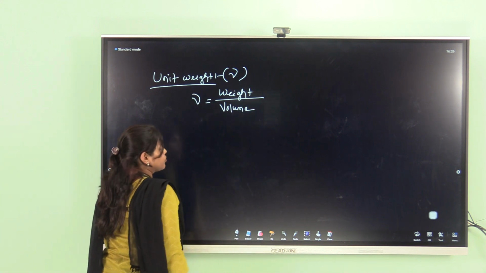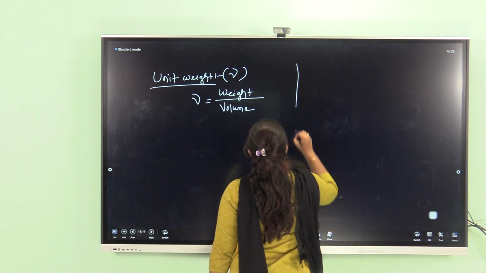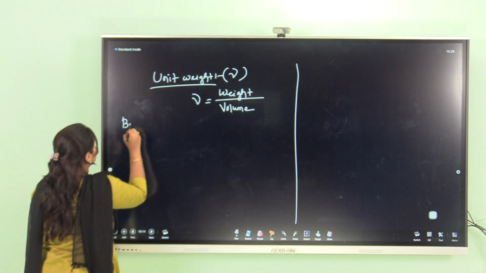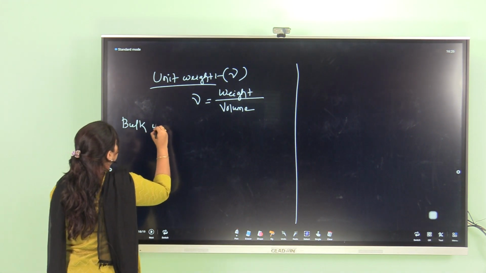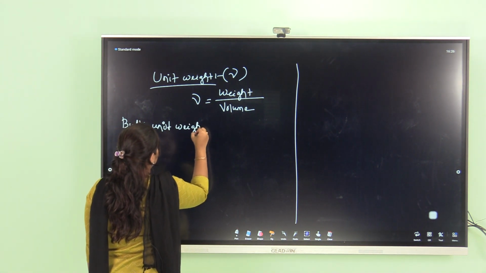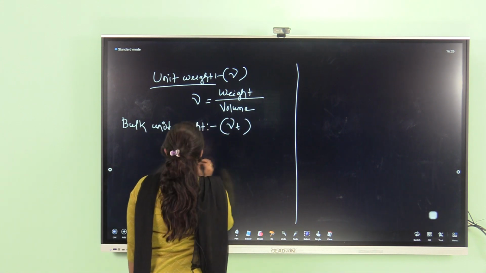Gamma equals to weight by volume. From this formula we can define bulk unit weight, termed as gamma t.